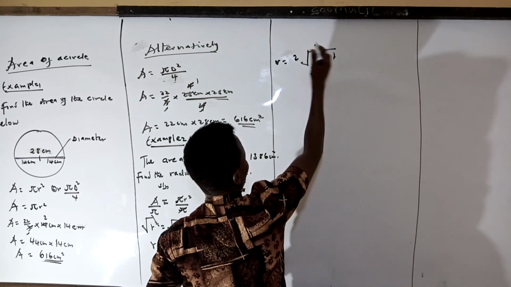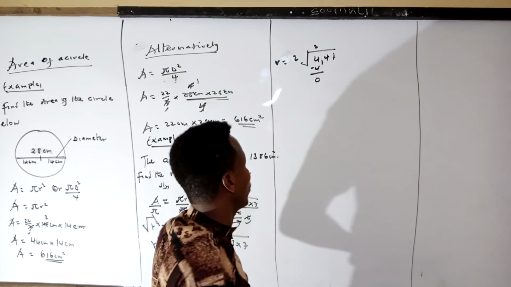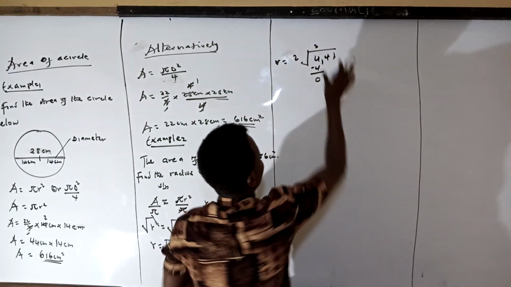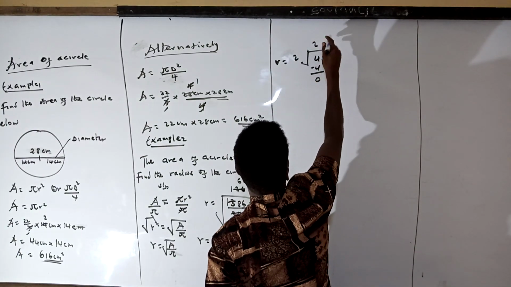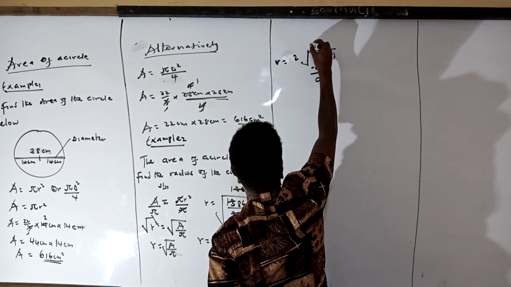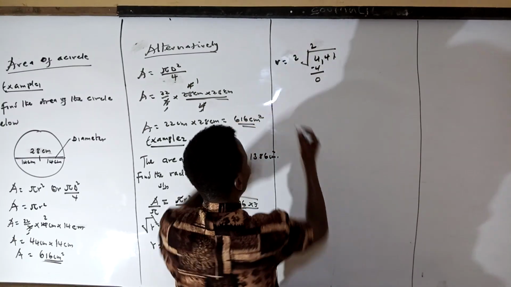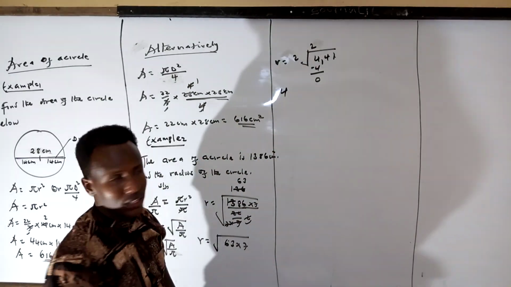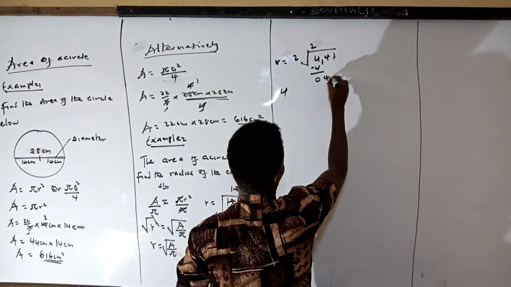So subtract, 0. After you subtract, what you're going to do is multiply this number by 2, whatever it is, even if it's 8. So here we have 2 times 2 is 4. Place it there. Then bring this 41 down.